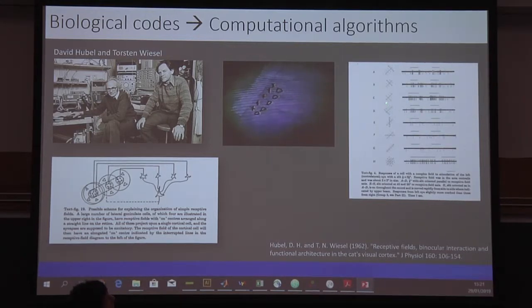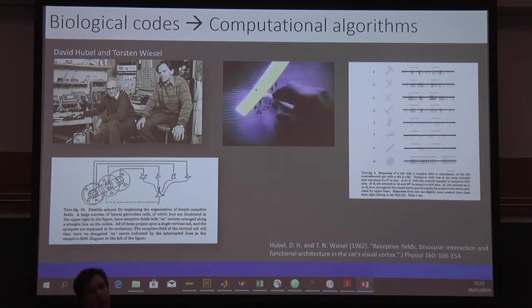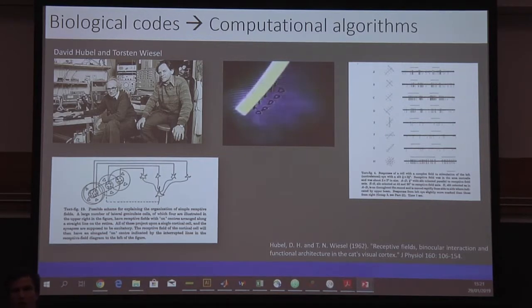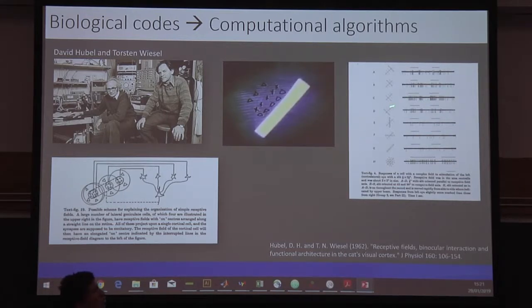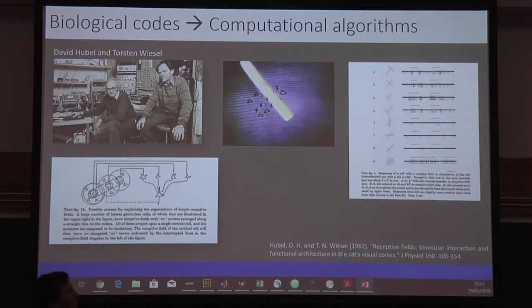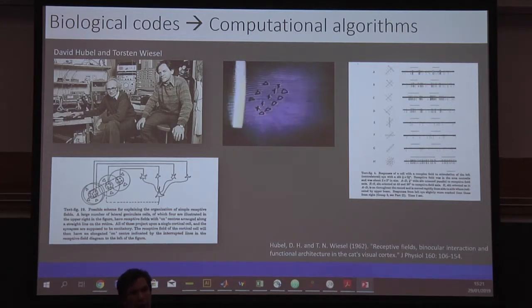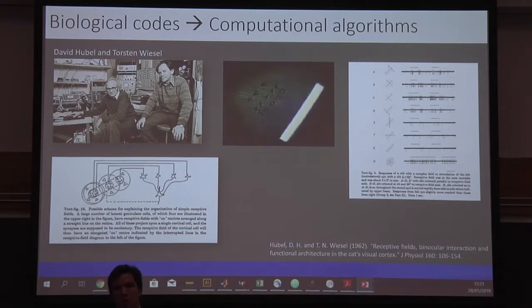But when we present a bar at this type of orientation, the neuron fires vigorously. So we say that this neuron is tuned to this orientation. They won the Nobel Prize for this discovery. And this was quite important because it showed the selective tuning of neurons.